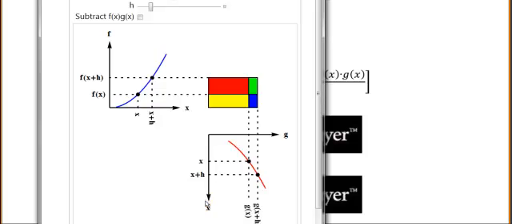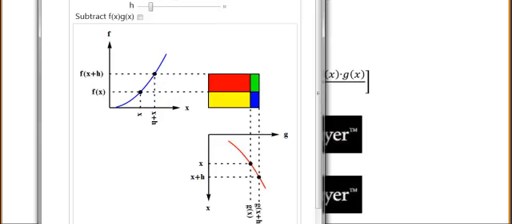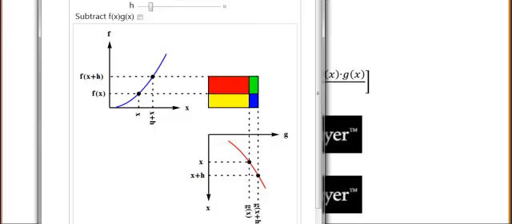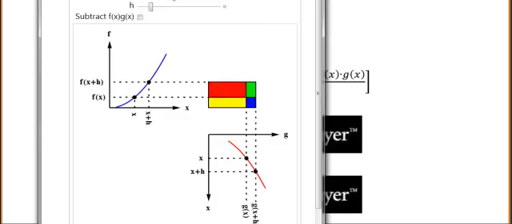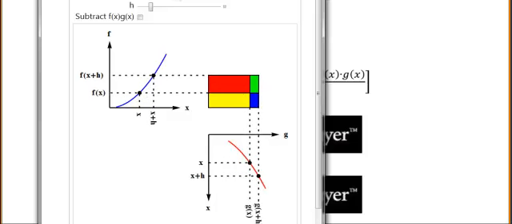As the value of x changes, the value of f of x changes, and I have here a rectangle. This part down here is at 0 on the x-axis. This is at f of x, so this dimension is f of x, and this is f of x plus h, so this is f of x plus h minus f of x.